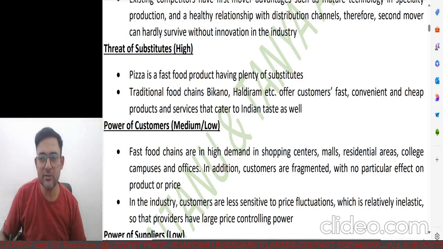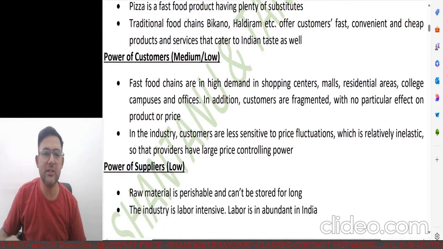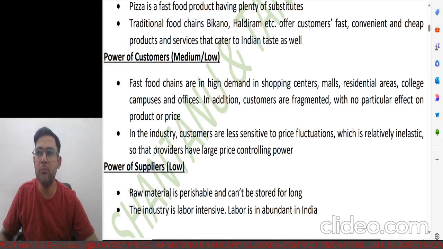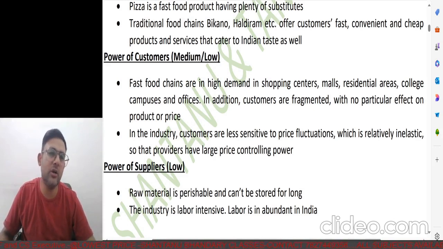Power of customers doesn't really matter much, because this industry is not very, very profitable now. It is profitable, and that's why people are doing it. But when we talk about extensive profit, or an industry generating a good amount of profit, it is not like that.